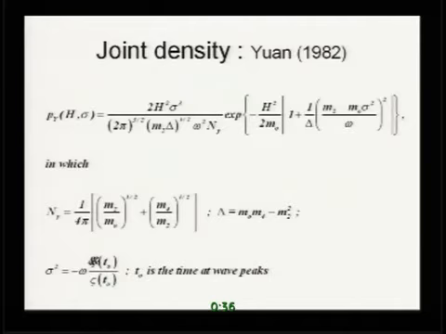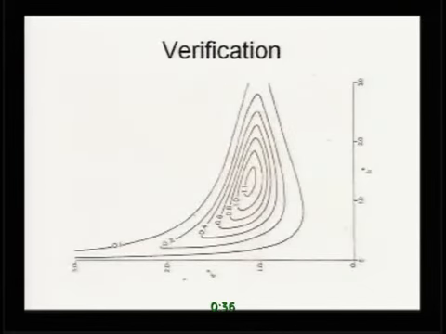If we use this form and make a comparison with the observation, this is the theoretical value, and you can see that this is frequency, this is amplitude. It's even more skewed than Langevin-Higgins.